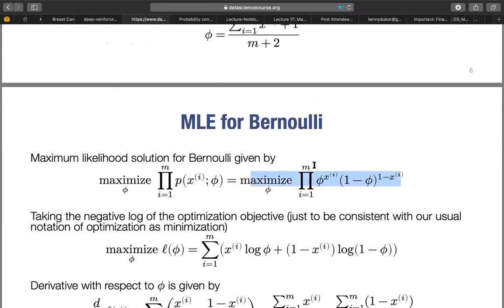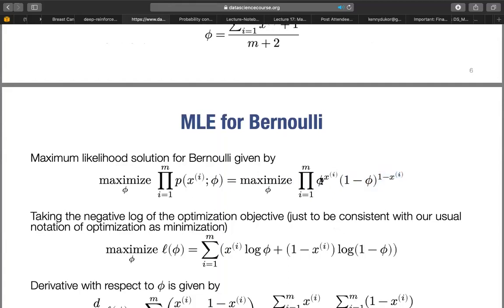So what you will find out here is that whenever X is 1, it invariably means that this will tend to 1, and you'll be left with phi, right? So of course we know that when X is equal to 1 here, it means we're having 1 here, and this will be 0. And we know that anything raised to the power 0 is 1, right?